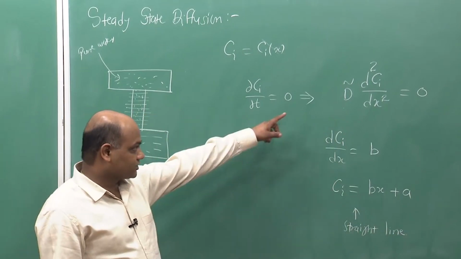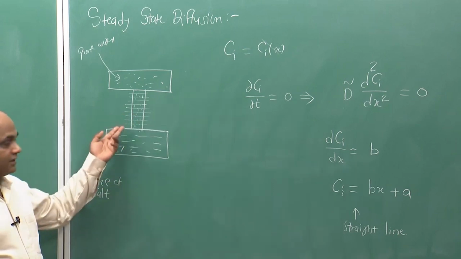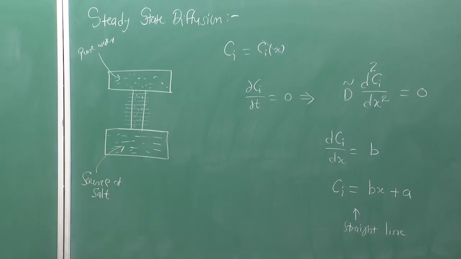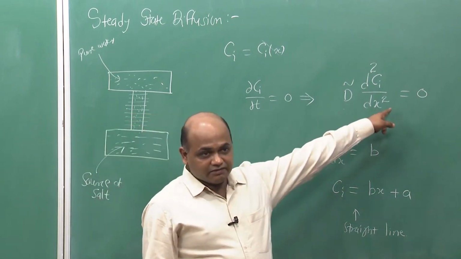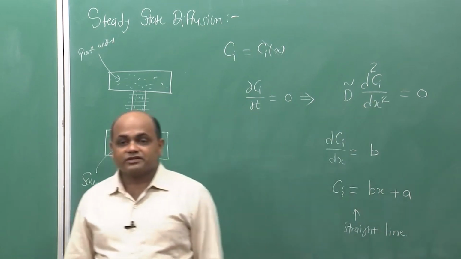So, when D̃ is constant, the steady state profile that develops is a straight line. This is obvious from here itself, right. The second derivative is 0, which means the curvature is 0, which is basically a straight line.